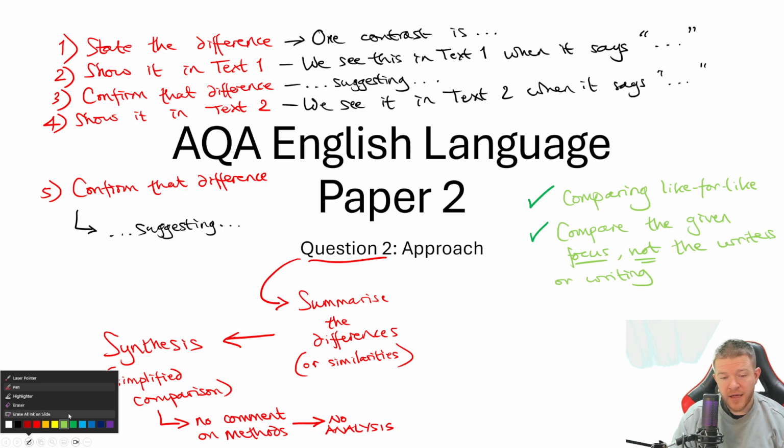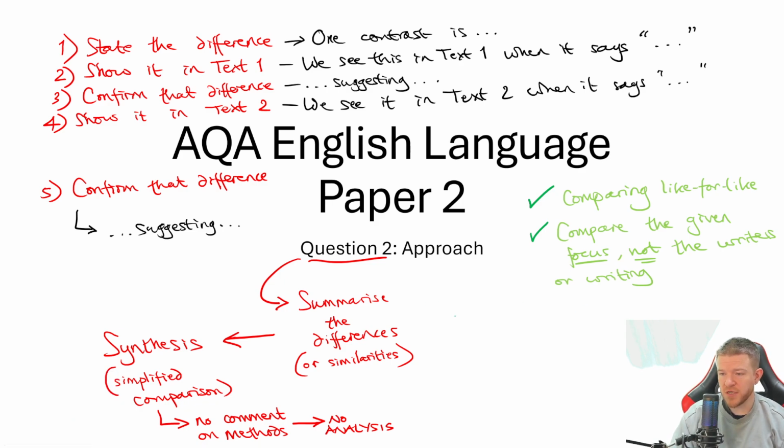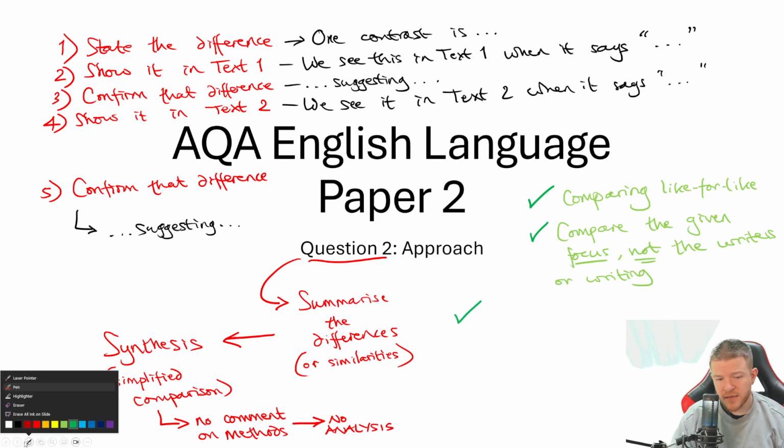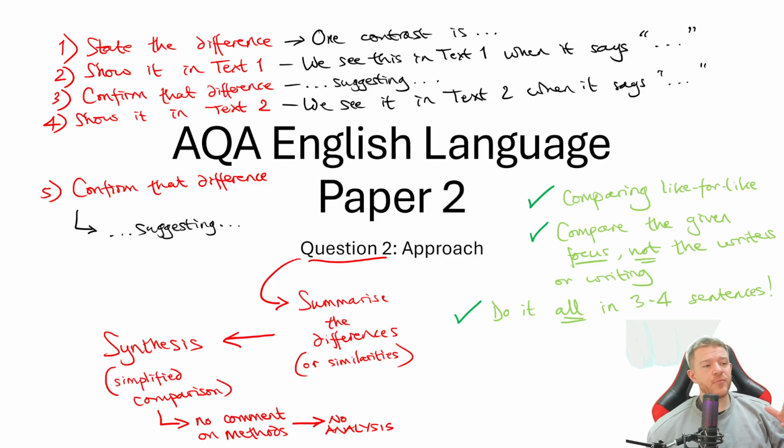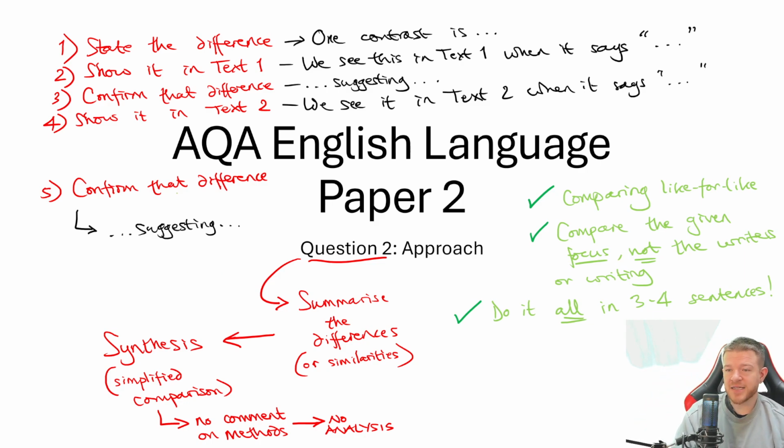And another really important thing to remember is that you can do the whole thing in 3 to 4 sentences. This is the approach that I recommend for English Language Paper 2 Question 2.